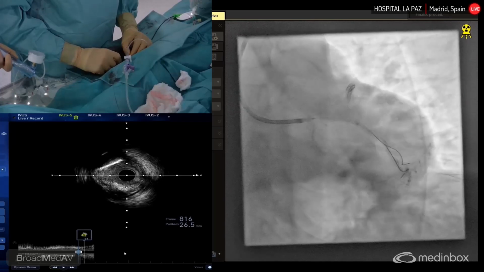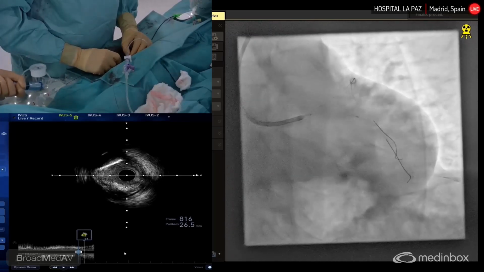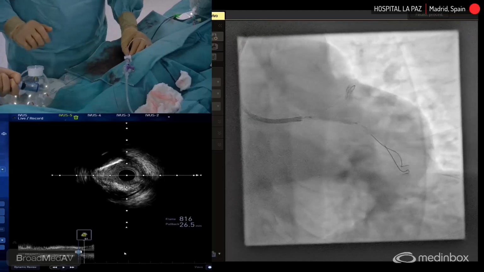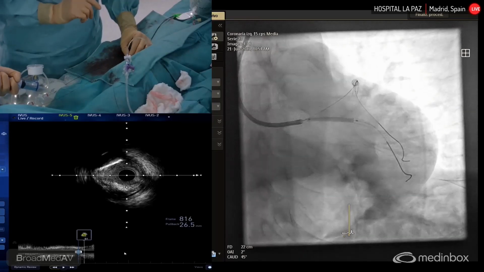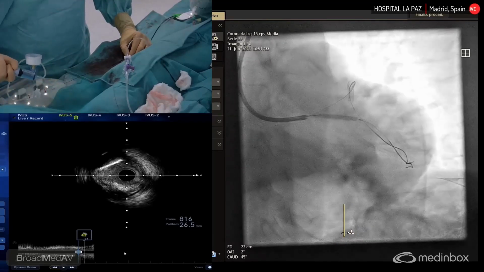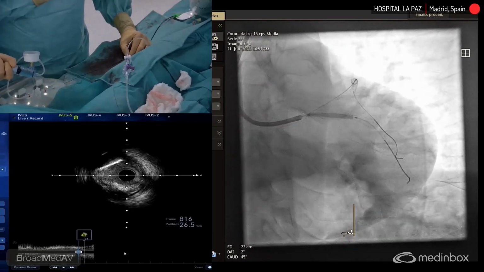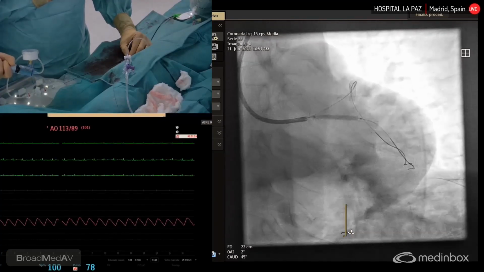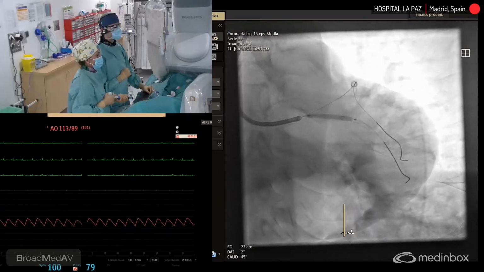Okay. Inflate to 6. 6. Okay. We're going to hold there. One minute. We are waiting. I think we are there. The expansion is quite good. We are looking at the ECG and also the blood pressure.